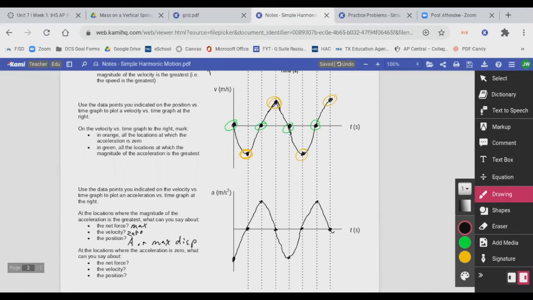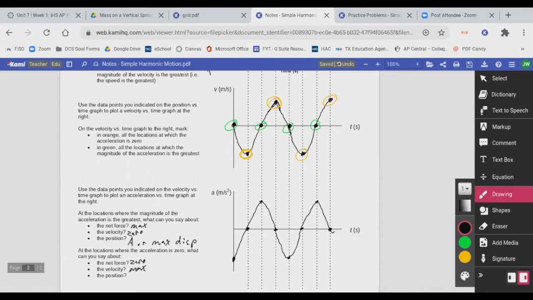At locations where the acceleration is 0, what can you say about the net force? It's balanced. If the acceleration is 0, the net force has to be 0. What about the velocity? Maximum, absolutely right, because there we're at equilibrium.